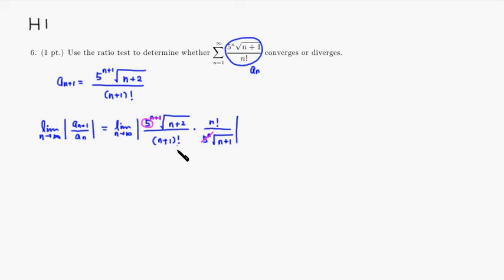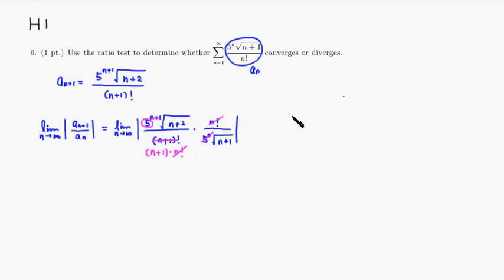Another thing we can do is rewrite n plus 1 factorial as n plus 1 times n factorial. We have n factorial on top, so you can cancel that with the n factorial on the bottom. But we still have n plus 1 left over.